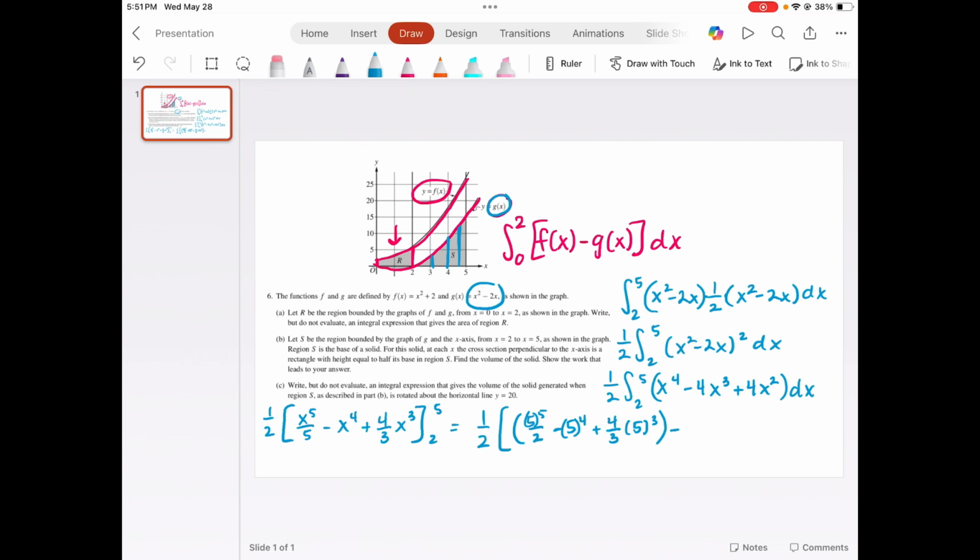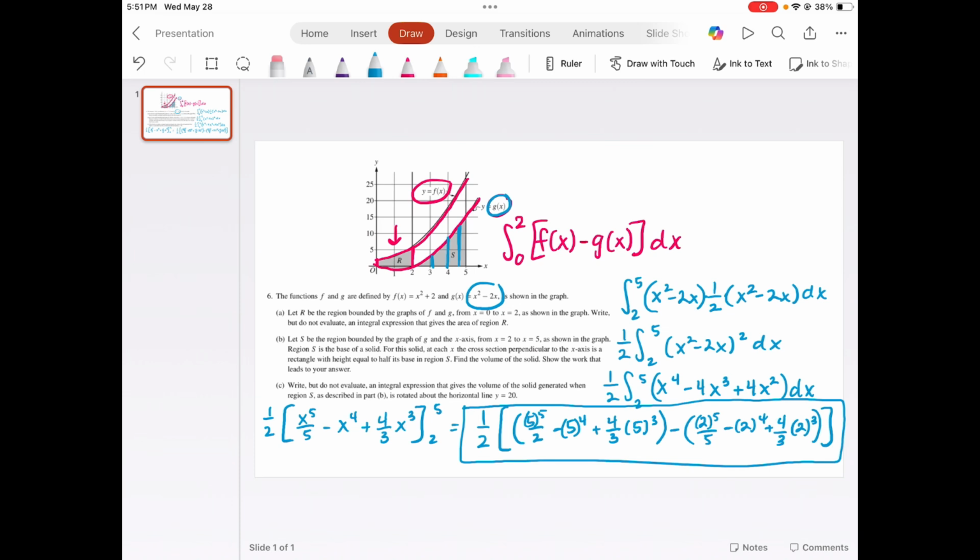Now I'm going to plug in 2. So I'll have 2 to the 5th over 5 minus 2 to the 4th plus 4/3 2 to the 3rd, and then all of that's times 1/2. So technically you can stop right there, and that can be your final answer for that volume.